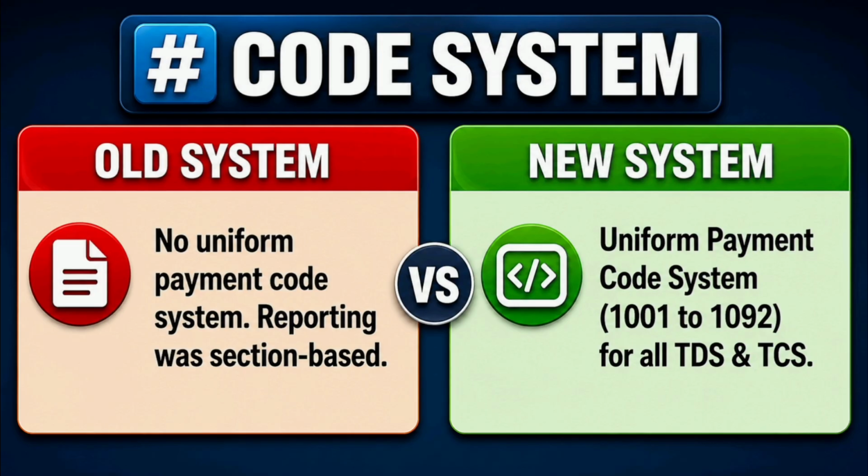Second aspect, the code system. In the old Income Tax Act, there is no uniform payment code system; reporting was section based. But in the new Income Tax Act, a uniform payment code system, 1001 to 1092, applies to all TDS and TCS. Very important.